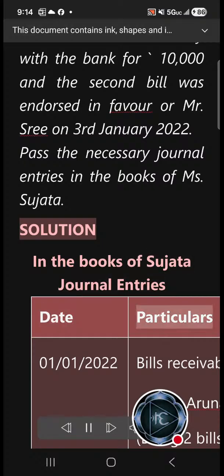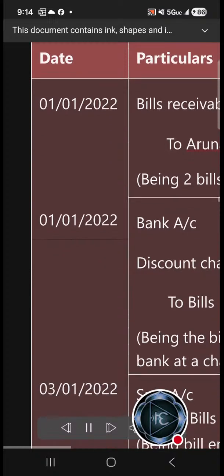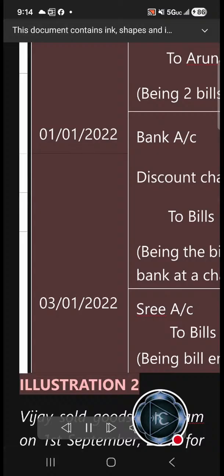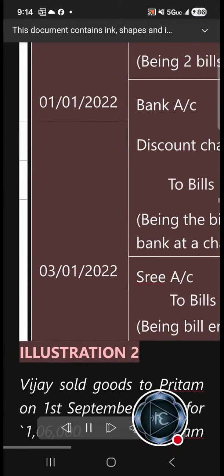Date. Particulars. L.F. Debit. Credit. January 1st, 2022. Bills Receivable A/C Doctor $25,200, to Aruna A/C $25,200. Being 2 bills receivable from Aruna.